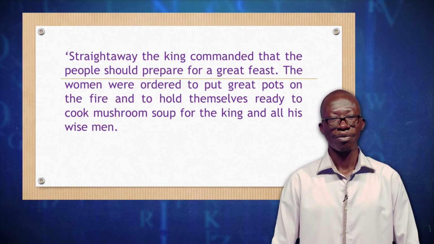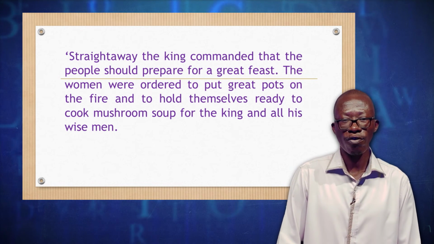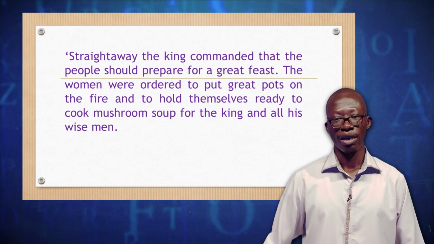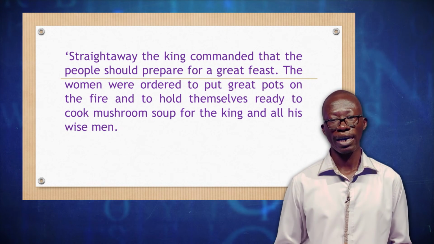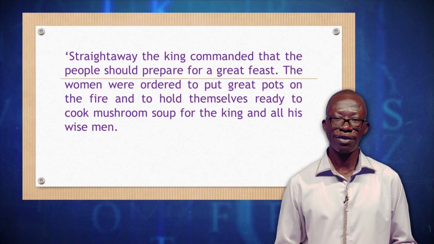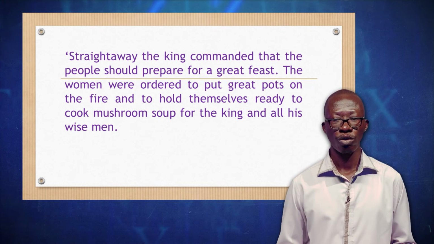Let's take that again. Straight away the king commanded that the people should prepare for a great feast. The women were ordered to put great pots on the fire and to hold themselves ready to cook mushroom soup for the king and all his wise men.